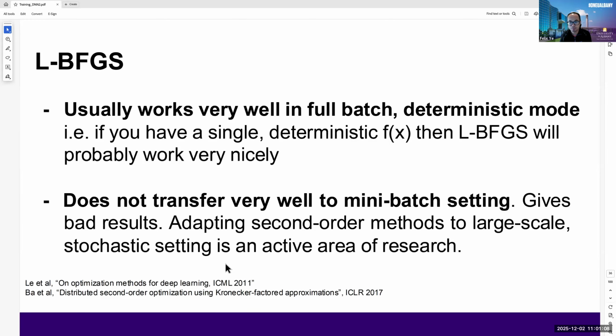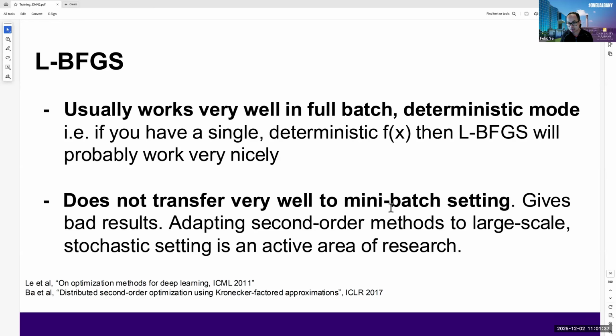BFGS actually works very well for full batch. If your batch is not that big and everything is deterministic, it usually still works very well. But that whole idea doesn't transfer very well to mini-batch settings. It usually gives a very bad end result.